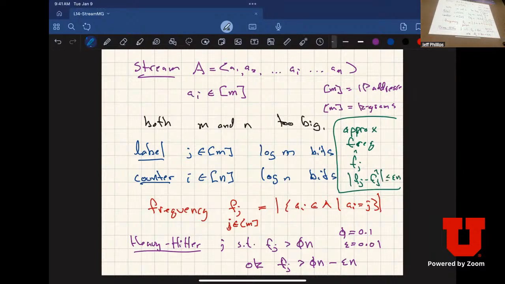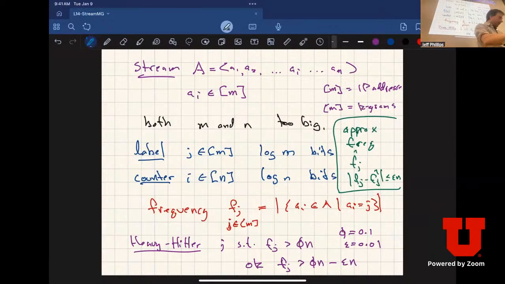The hat means it's approximate. It'll be off by epsilon n, which is say 1%. And if I then return any approximate frequency bigger than 10%, it will satisfy this. So we'll come back to this problem.